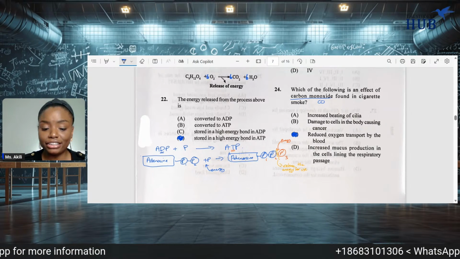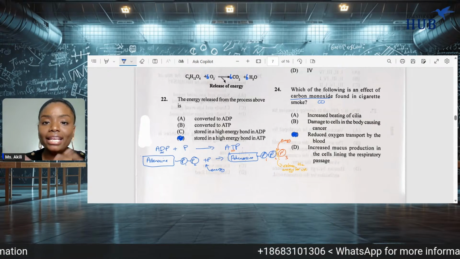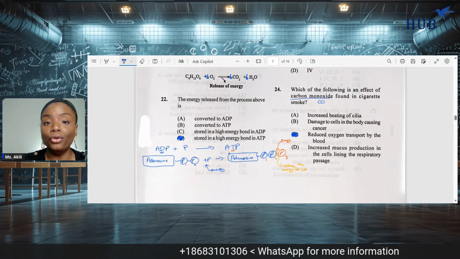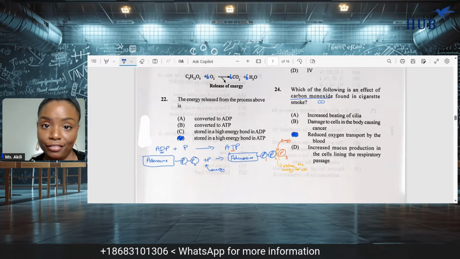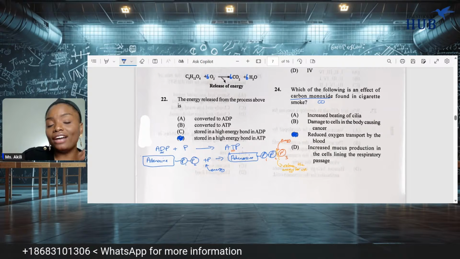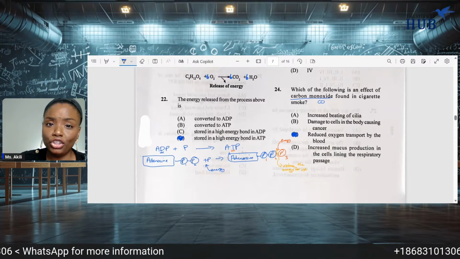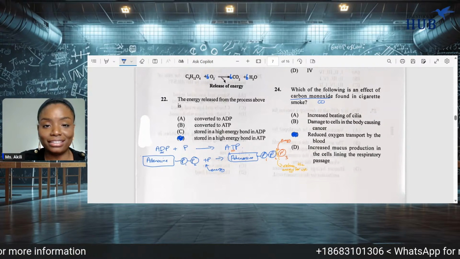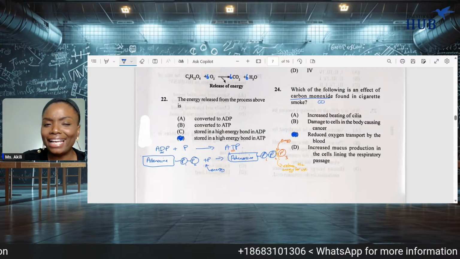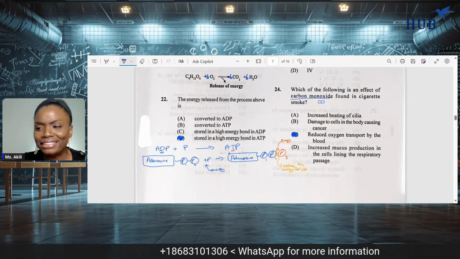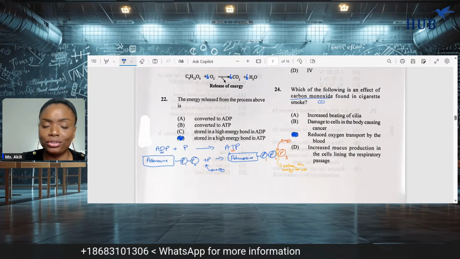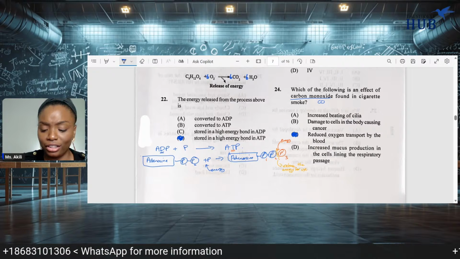That mucus is there to trap dust and bacteria, any bad things that may be in the air, to help purify it as it's going to the alveolus. Because the cilia are trapped, the mucus accumulates and traps dust and bacteria, which becomes a nice, warm, moist environment for the overgrowth of bacteria and high risk of infection.